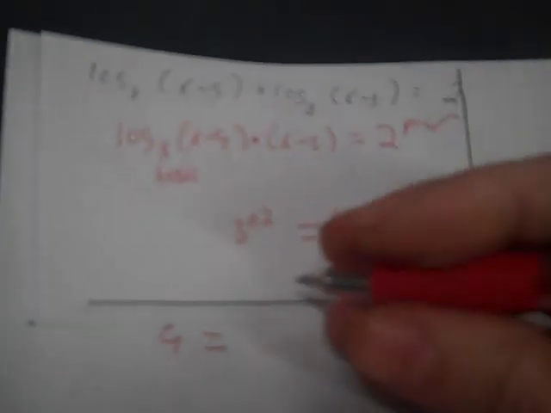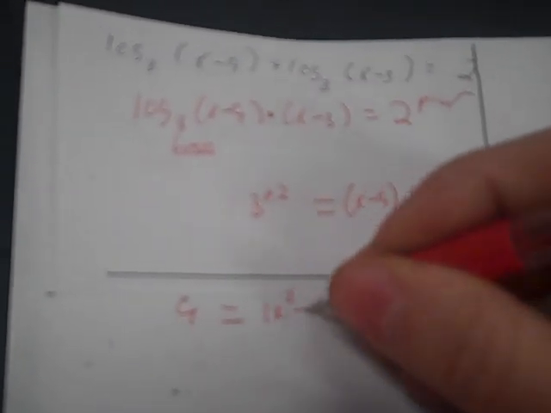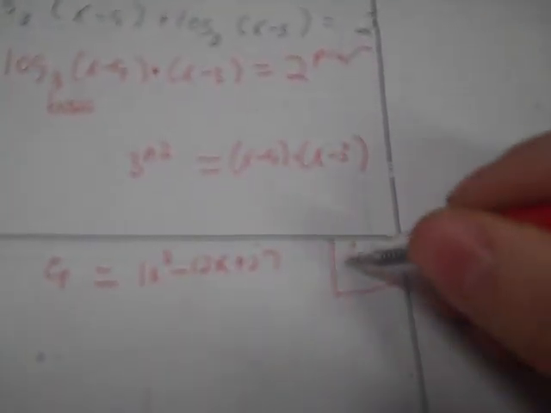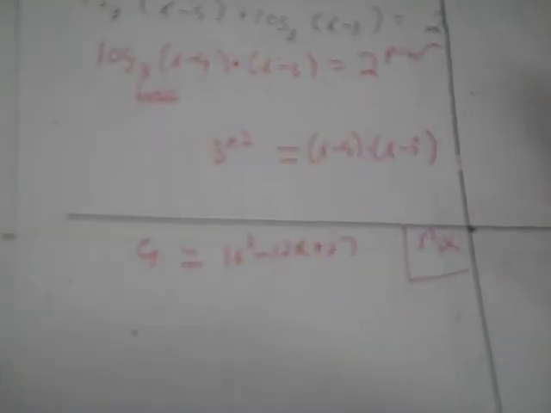Now combine like terms. You have 1, negative 12, positive 27. So put those on the paper: 1x squared minus 12x plus 27. Now, what does the equation have? You have x squared, and you've also got regular x, so we're going to need to factor.